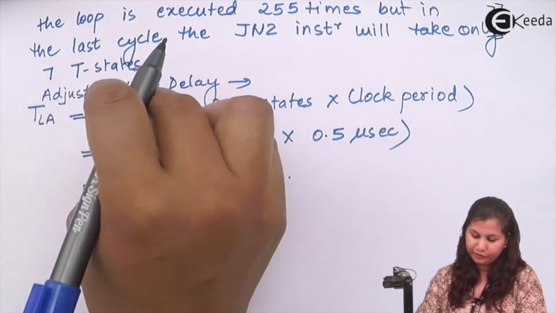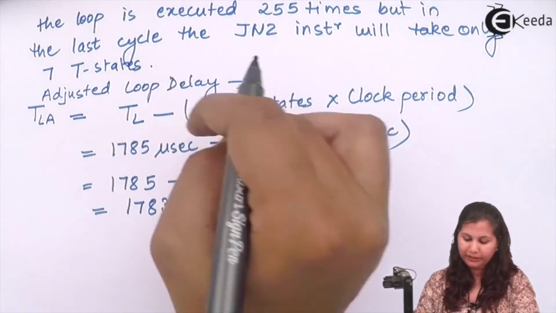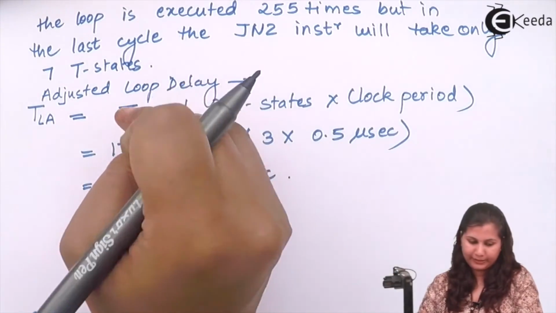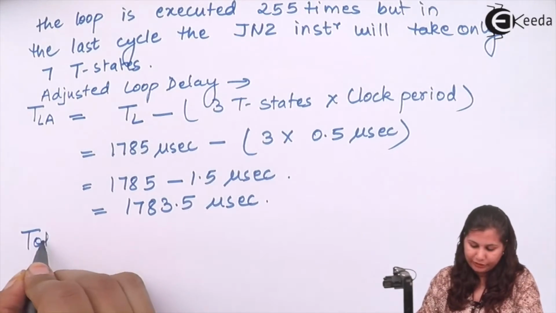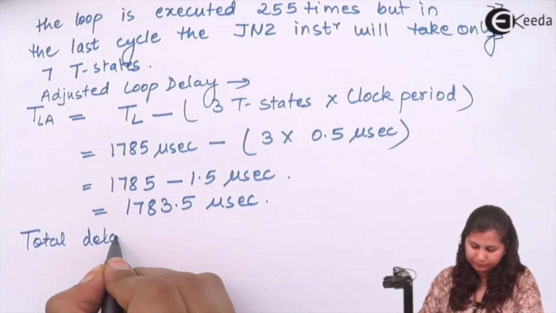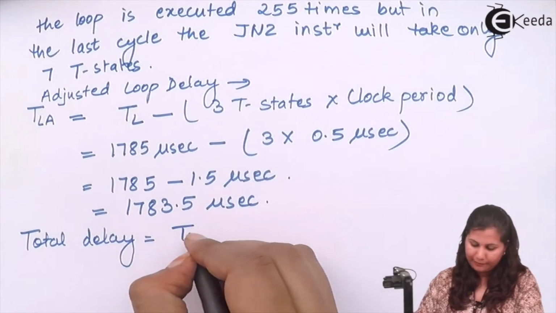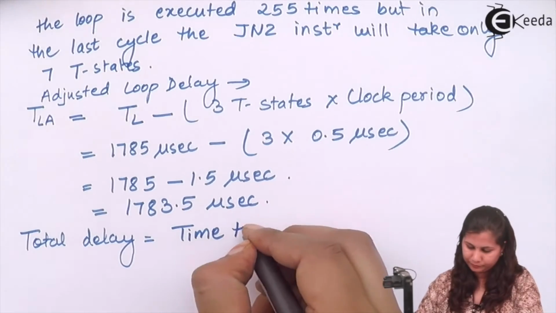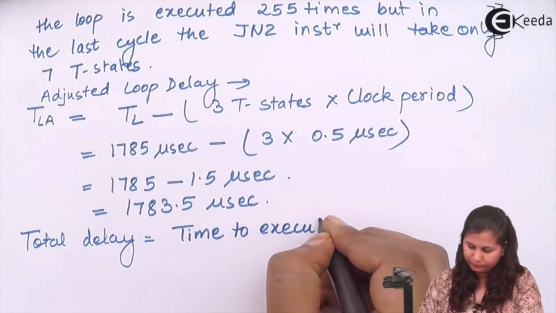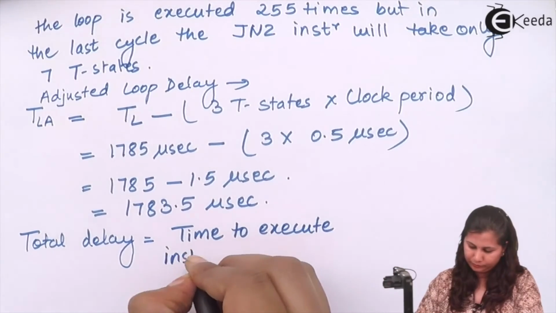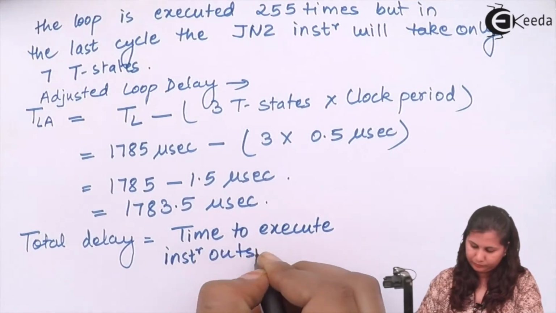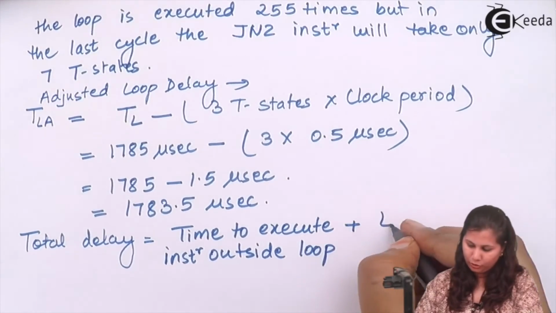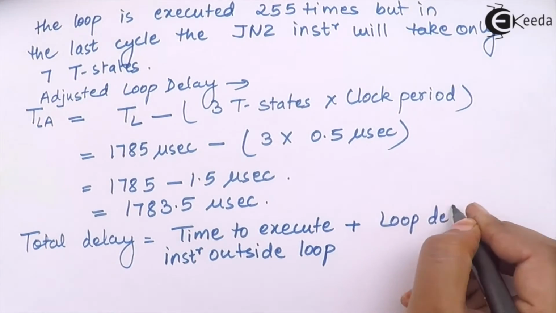Okay, from the total loop delay we have subtracted the 3 T states time period. So the total delay will now become the time required to execute the instructions outside the loop plus the loop delay.